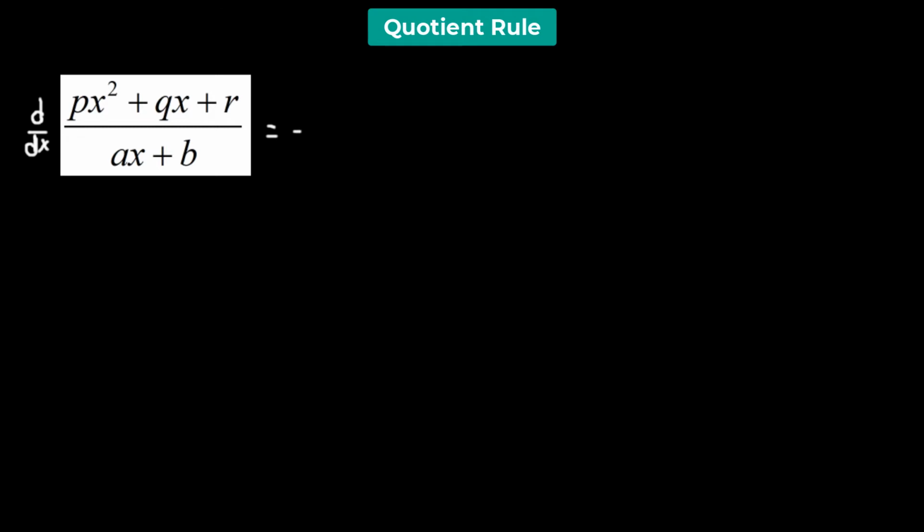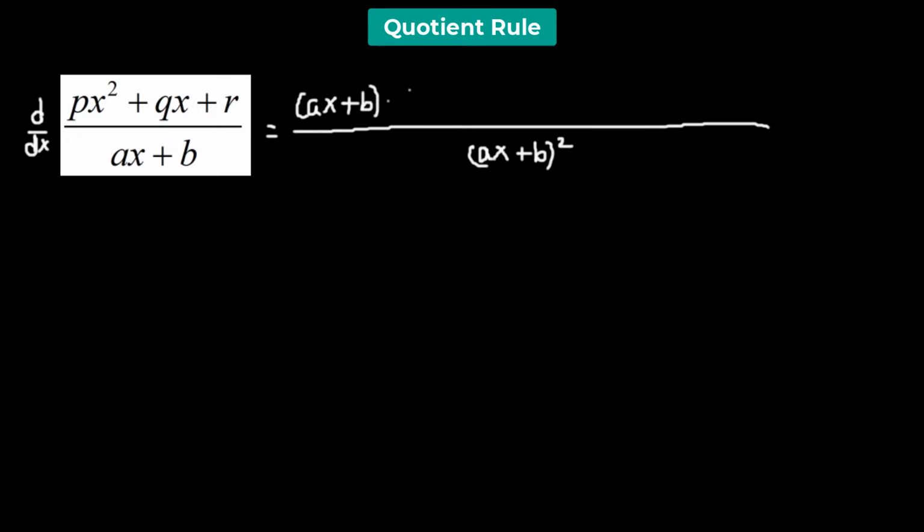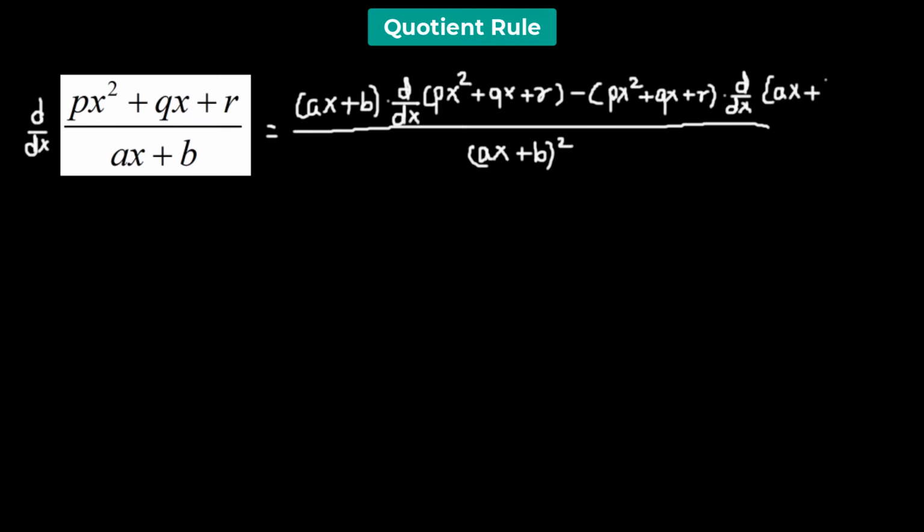So using the quotient rule, we get ax plus b whole squared in the denominator, and in the numerator we have ax plus b times the derivative of px squared plus qx plus r minus px squared plus qx plus r times the derivative of the denominator, which is ax plus b.